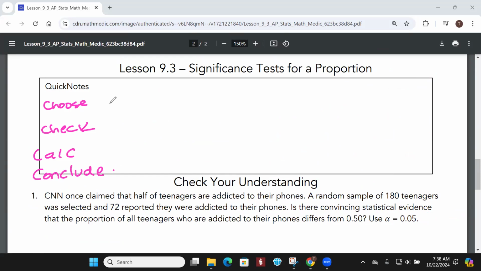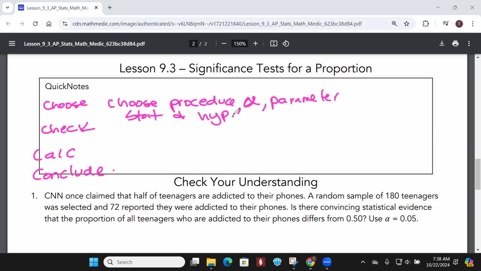And we chose a procedure, parameter, alpha, statistic, and hypothesis. So when you do choose on this one, you're stating all of the information.